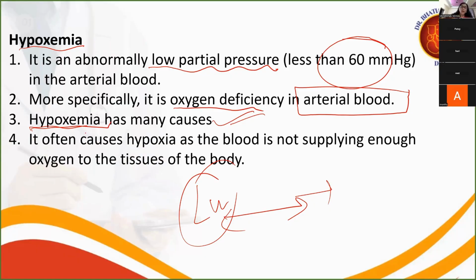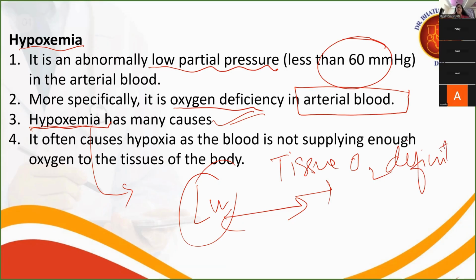Now this hypoxemia, if it is translated into tissue oxygen deficit, please try to remember what I'm talking. If this hypoxemia, that is low oxygen pressure in the arterial blood, fails to transfer sufficient oxygen to the tissue level, then it is termed hypoxia.